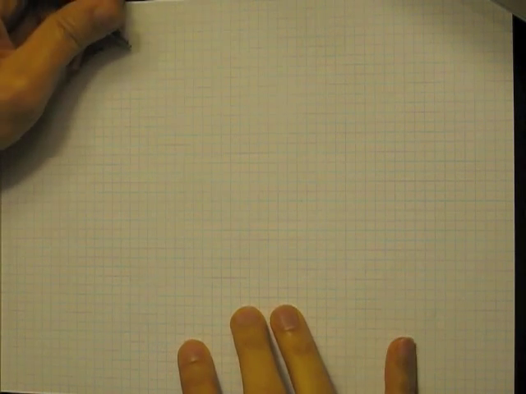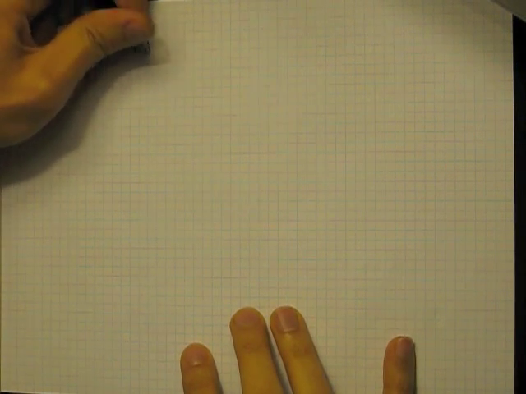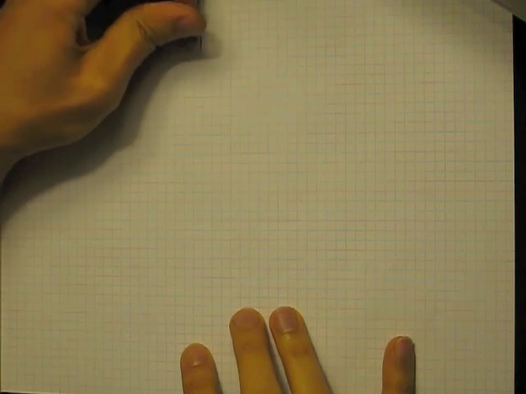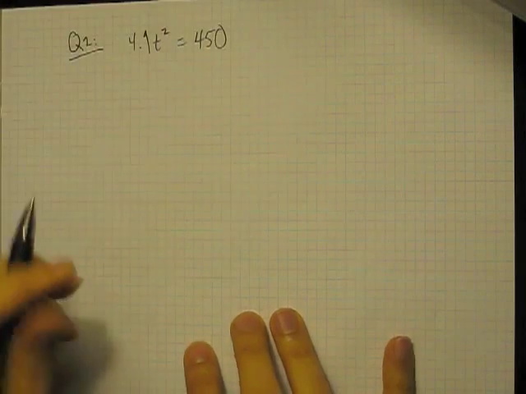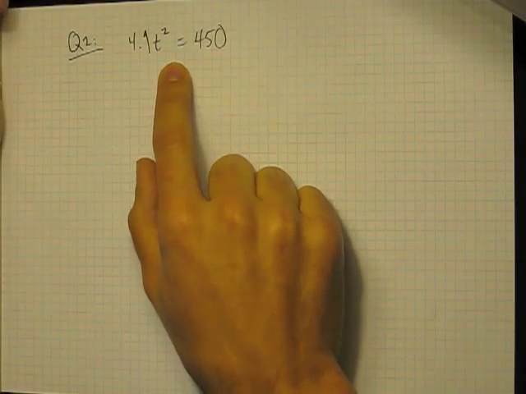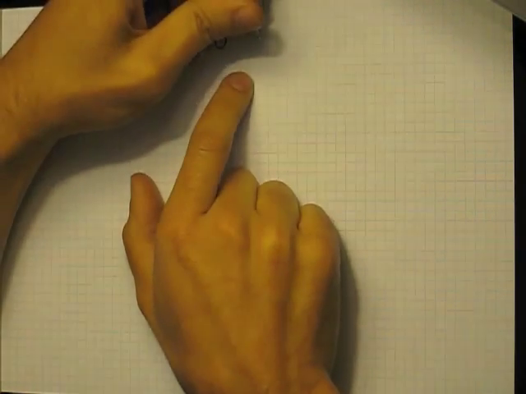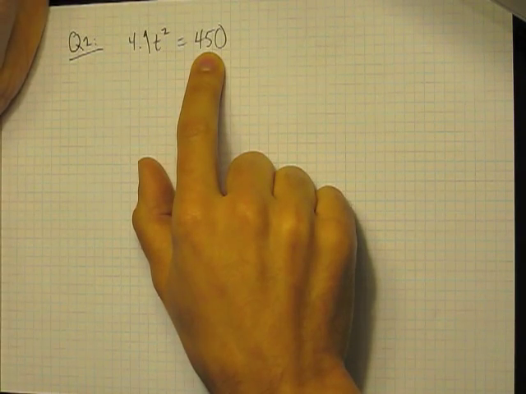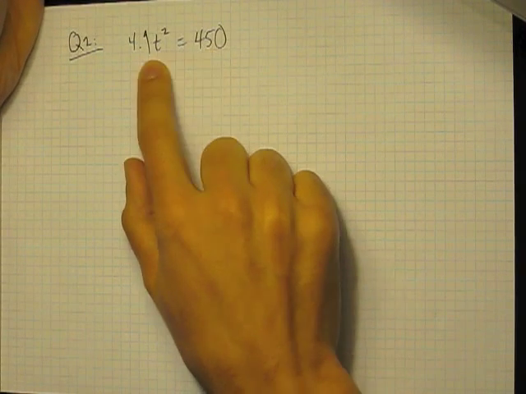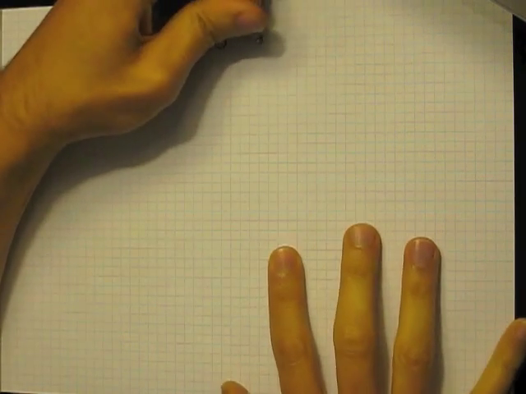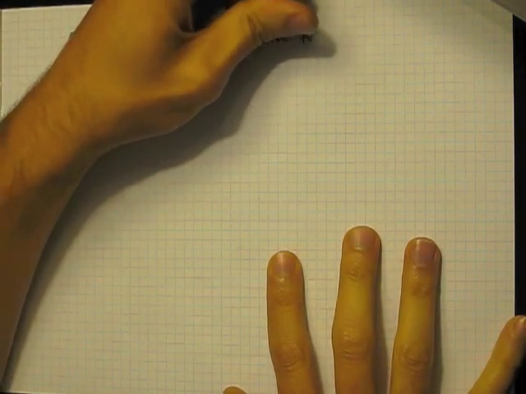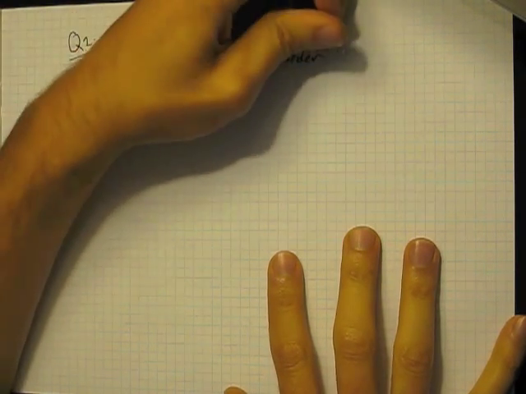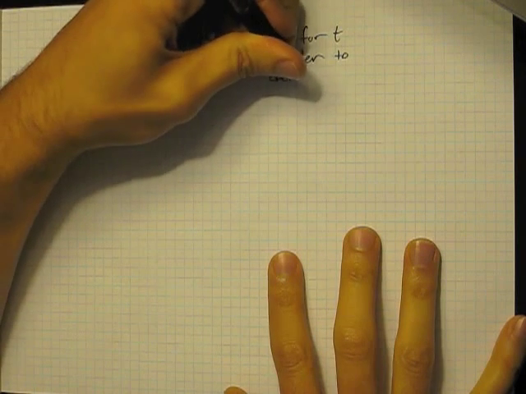Okay, so in order to solve this, we first want to know the answer to the following question. What is t when we've actually reached a distance of 450 meters? So we have to solve this for t in order to determine when the object hits the ground.